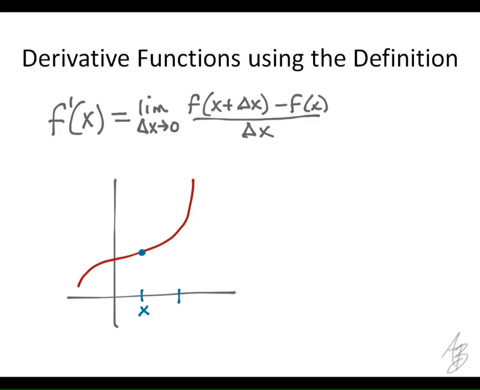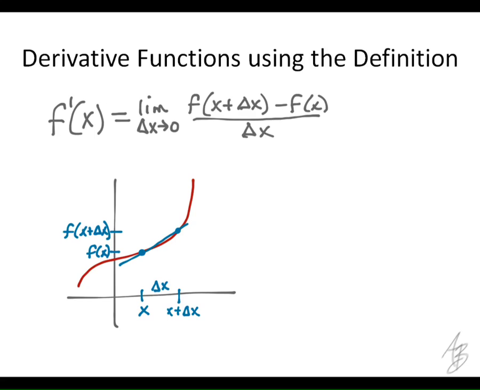If we just call this distance delta x, which is more descriptive, that's the distance between the two x values, then this second x value would be x plus delta x. And then we're going to have f of x here and f of x plus delta x here.